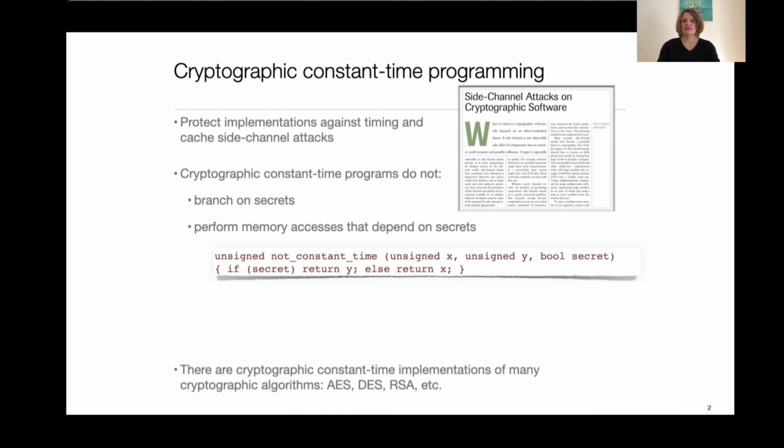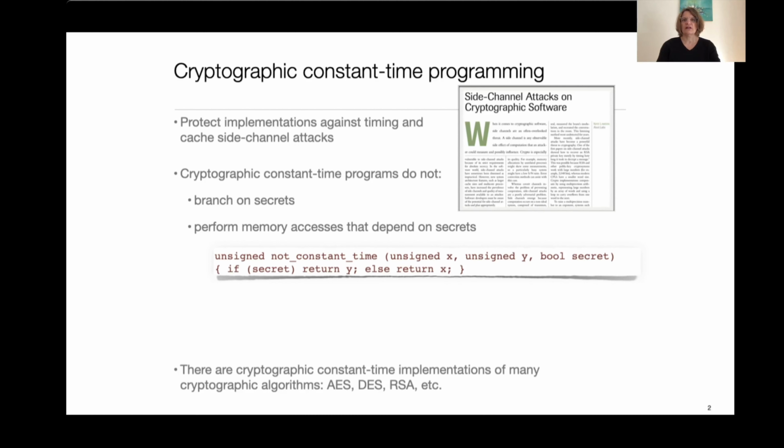Informally, an implementation is cryptographic constant time if its control flow and sequence of memory accesses do not depend on secrets. This notion differs slightly from the notion of constant time used for estimating worst-case execution time of programs. This is why we call it cryptographic constant time. However, in my talk, I will use only constant time to mean cryptographic constant time.